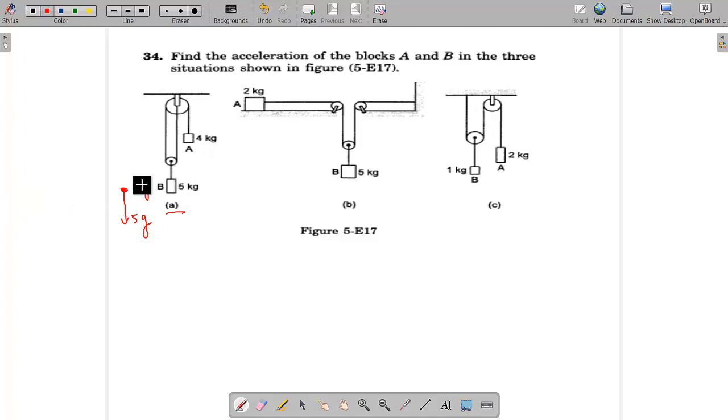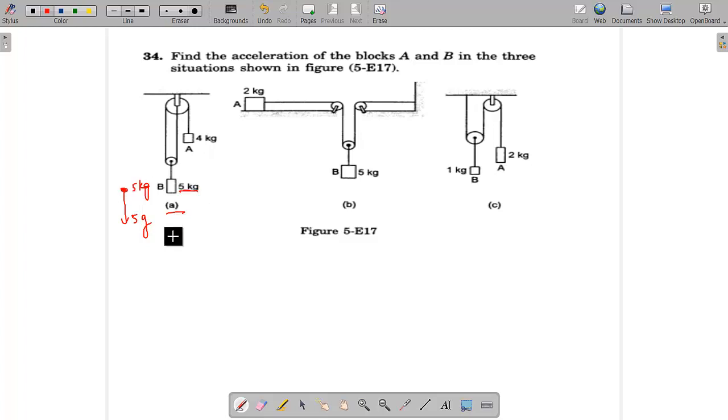Are you able to see the screen? What is the force acting on the block upwards? 5 kg is the weight of the block.